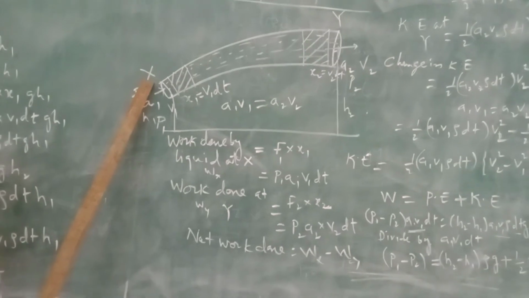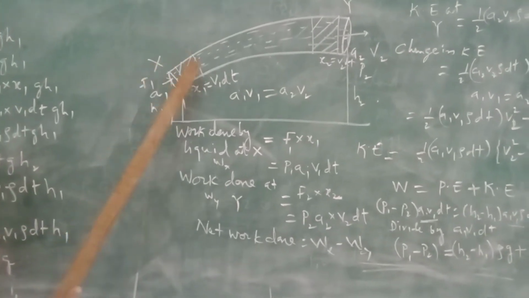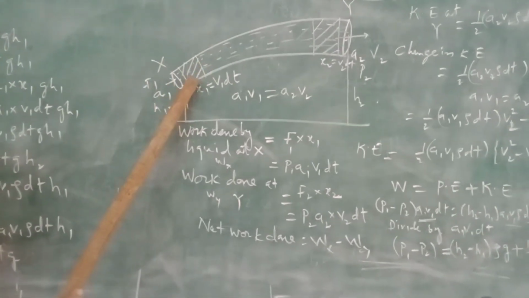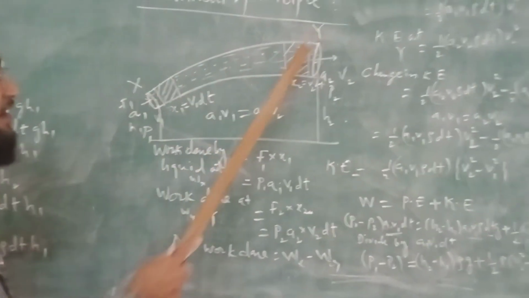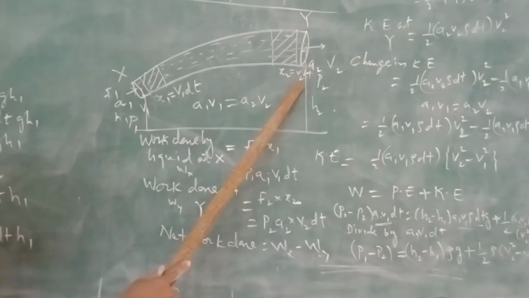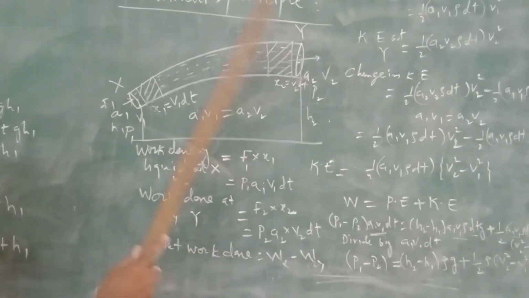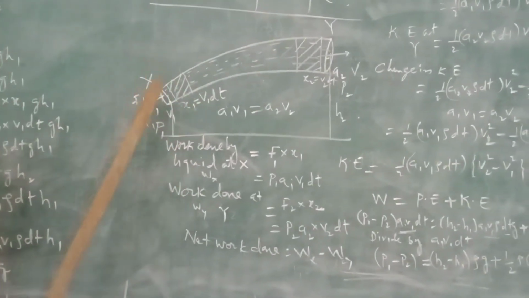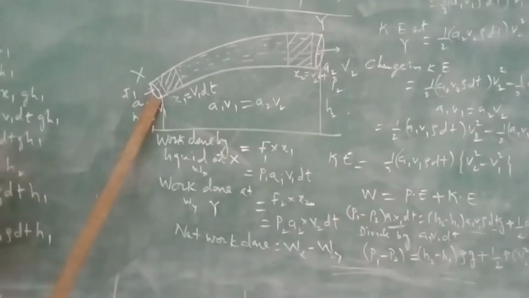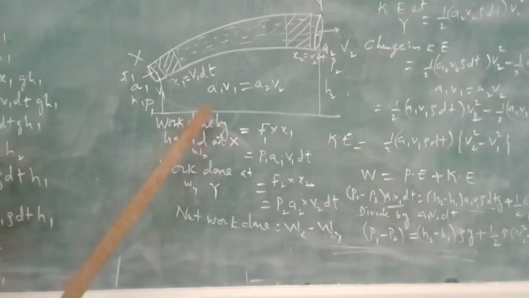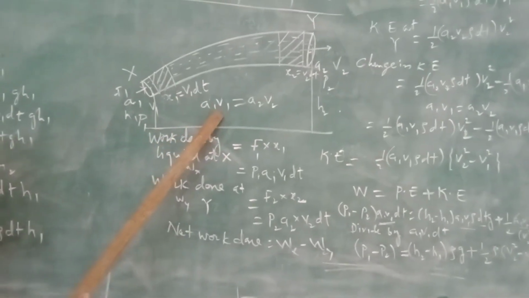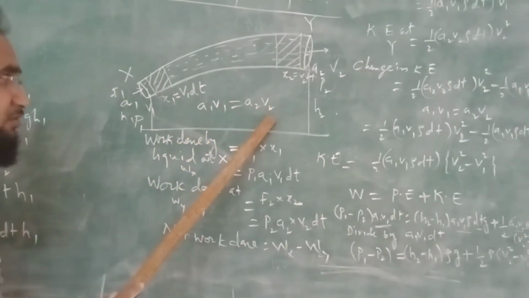So at position X, this distance is x1 equal to v1 dt, and at position Y, this distance is x2 equal to v2 into dt. Here in this tube, the pressure at this end is P1 and the pressure at this end is P2. While A1 V1 is equal to A2 V2.